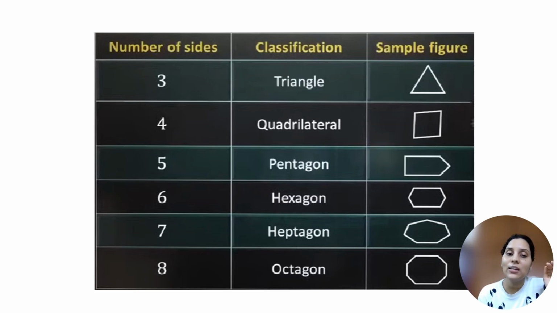Next is pentagon, five-sided. Here you can see 1, 2, 3, 4, 5. These are five-sided, known as pentagon. Hexagon, hexa means 6. Heptagon, hepta means seven-sided figure. Octagon means eight-sided, oct means 8. Hept means 7. You can just remember pent means 5, and 3, 4 you already know.